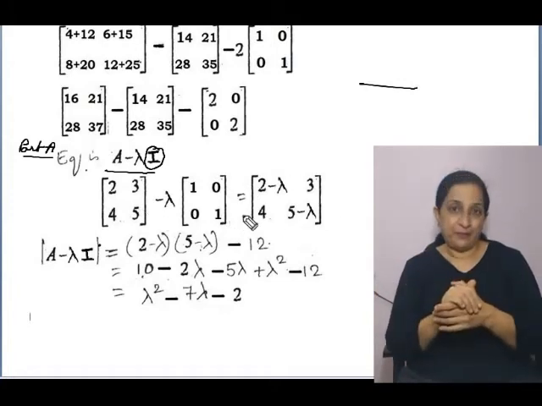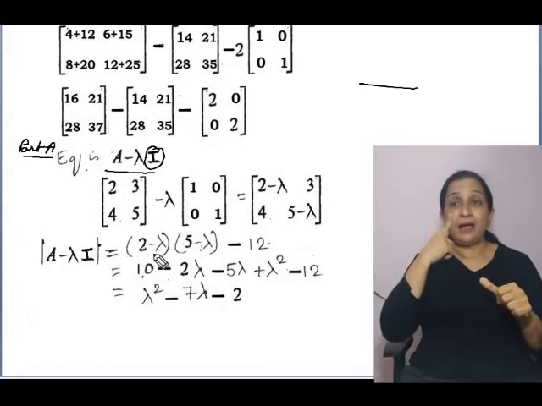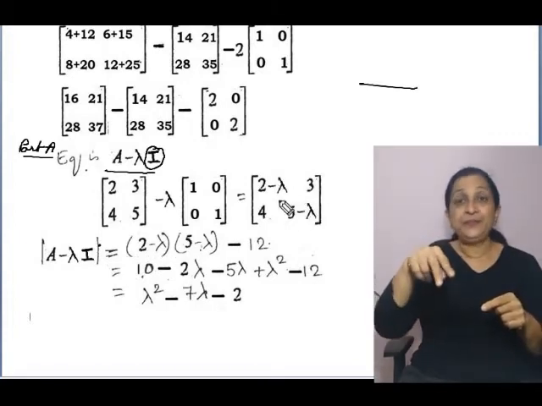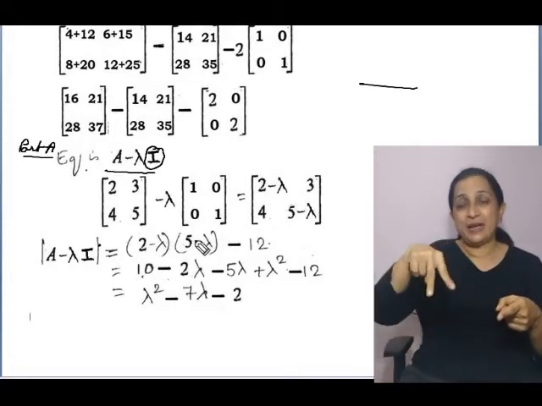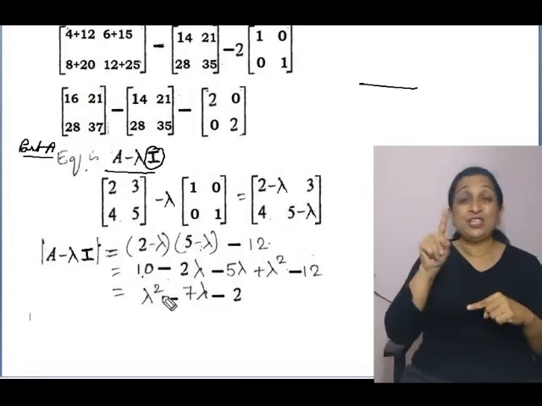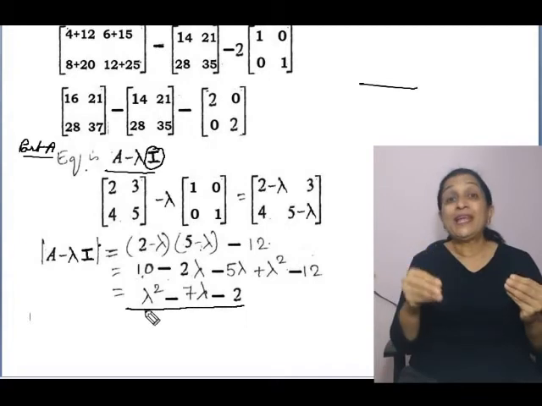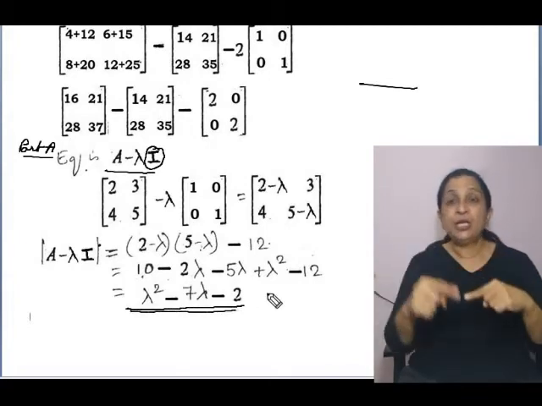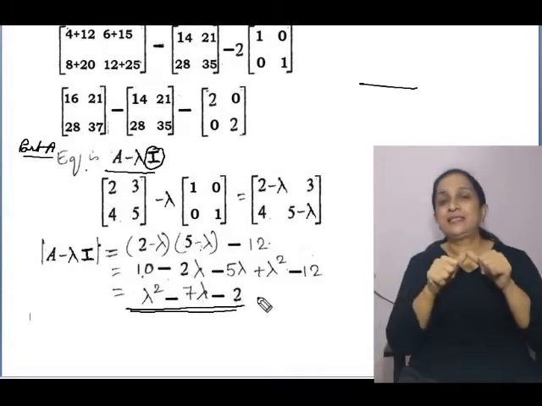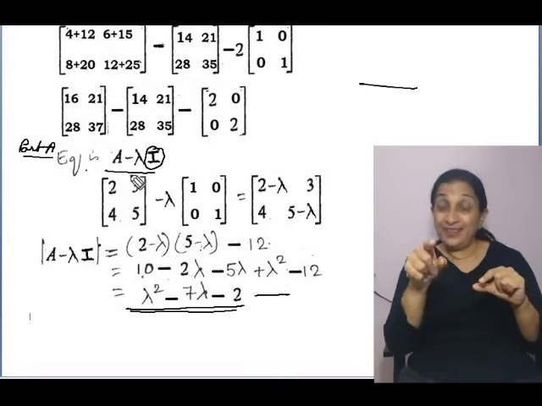Like that, if you put all these elements, then modulus of A minus lambda I is this into this minus this into this. When you simplify, you get a quadratic equation in lambda, that is lambda squared minus 7 lambda minus 2. So this is the equation which you have to use for proving that.